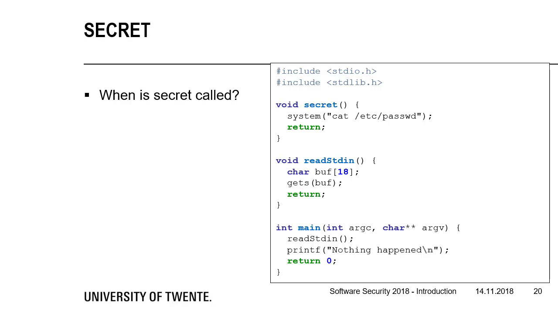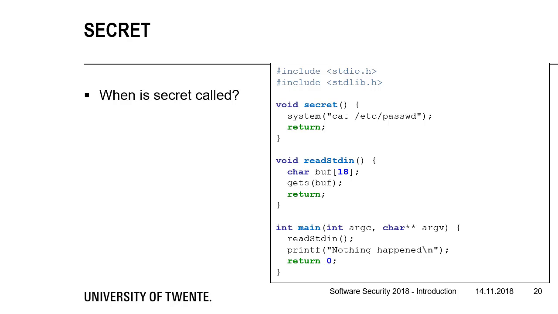Yeah? It's never called, right. That program will never call secret. The question is now, can we make it run secret? Yes, so we can smash the stack. We can try to find an input for that program so that it will actually then run secret.